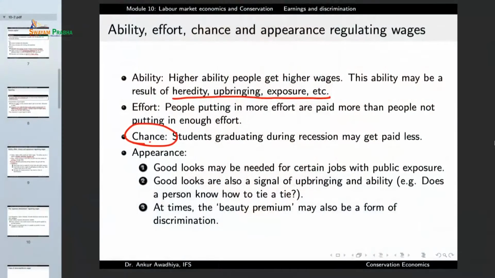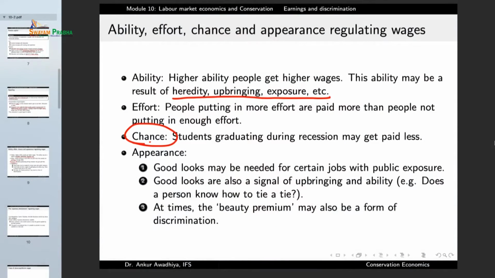But just because the market is in a recession period, it may be more difficult to get a job, or it is also possible that the job that these people get will be paying them less. This is not because of any difference between the students of this class and the students of the previous class. It's just a luck factor, just a chance factor. People who graduate during times when there is a recession typically get lower wages. So a chance factor is also involved.